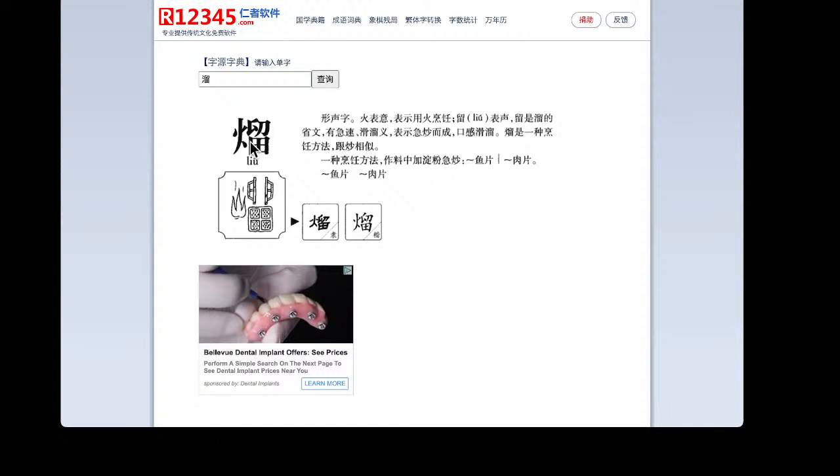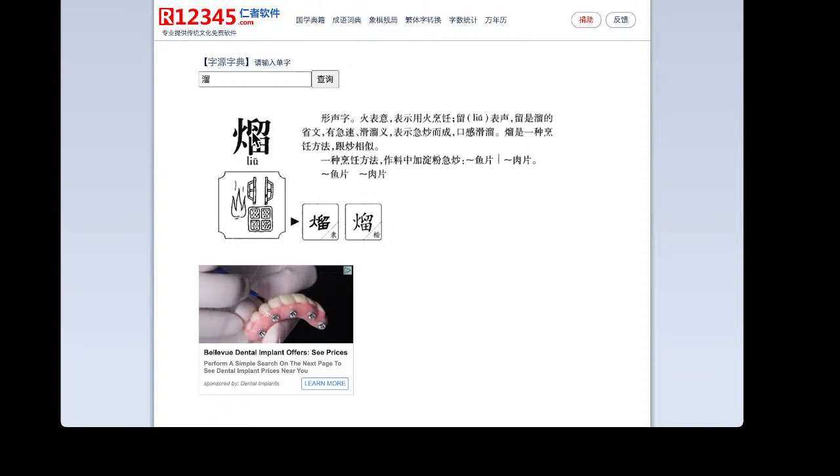All right, so again, this one here has the fire radical. It was traditionally written like that, but in simplified standard Chinese we rarely use this one anymore.